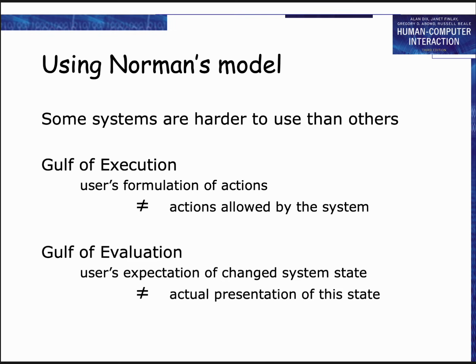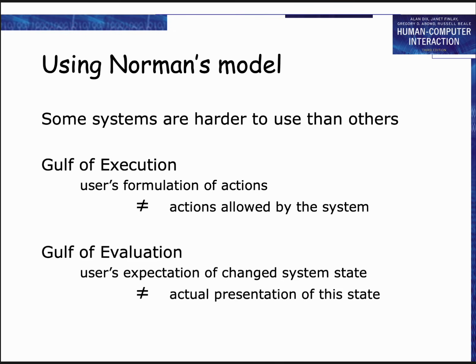Let's now consider the same light switch example. If a person looks at the light, the gulf of evaluation is very small since with one switch, the user will immediately know if their action was successful.